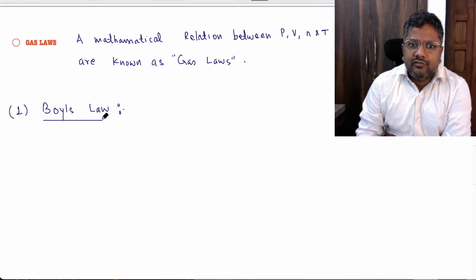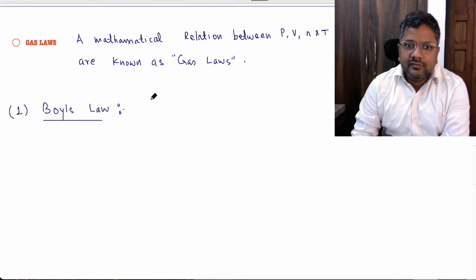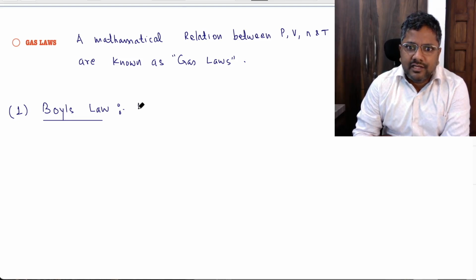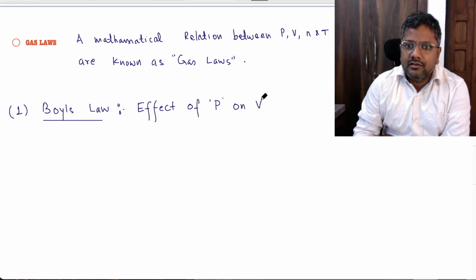So different relations between all these are termed as different gas laws. So, Boyle's law, this is a relation between P and V, or you can say the effect of pressure P on V, right?